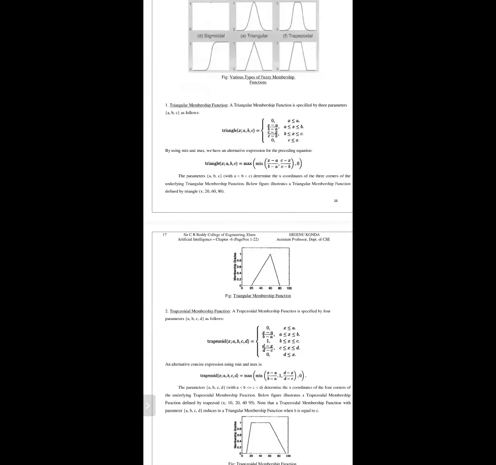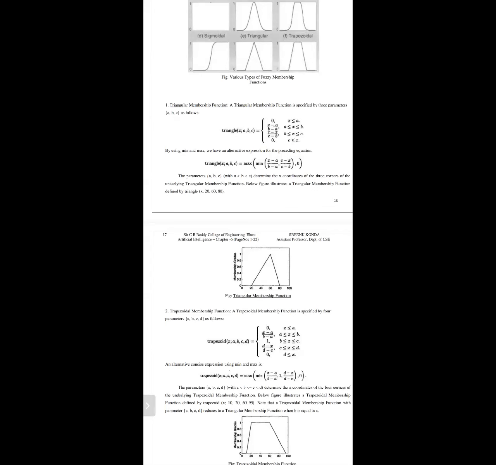Next, x minus a by b minus a when a is less than or equal to x less than or equal to b. Next, equals 1 when b is less than or equal to x less than or equal to c. Next, d minus x by d minus c, where c is less than or equal to x less than or equal to d. And 0 where d is less than or equal to x.